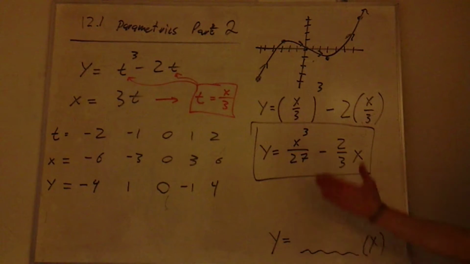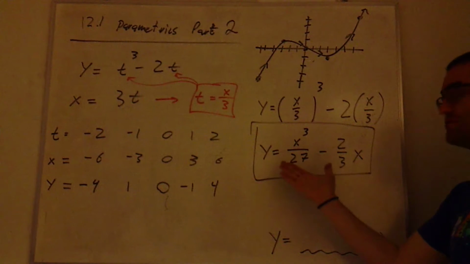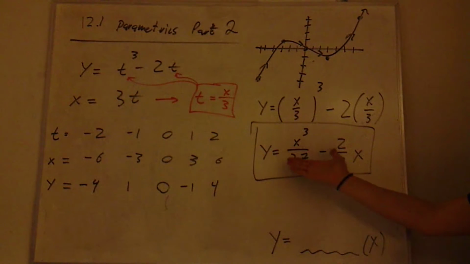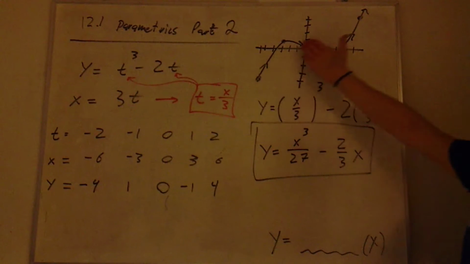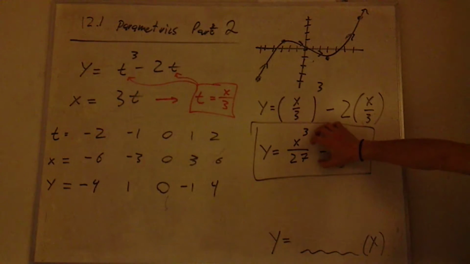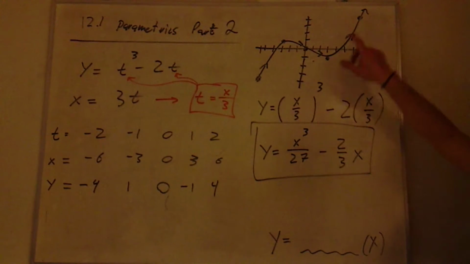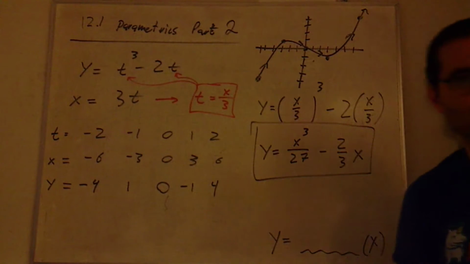If you want y as an explicit function of x, it's x cubed over 27 minus 2/3 x, and it still looks like this. If you graph just this, you'll get the same shape without the orientation.